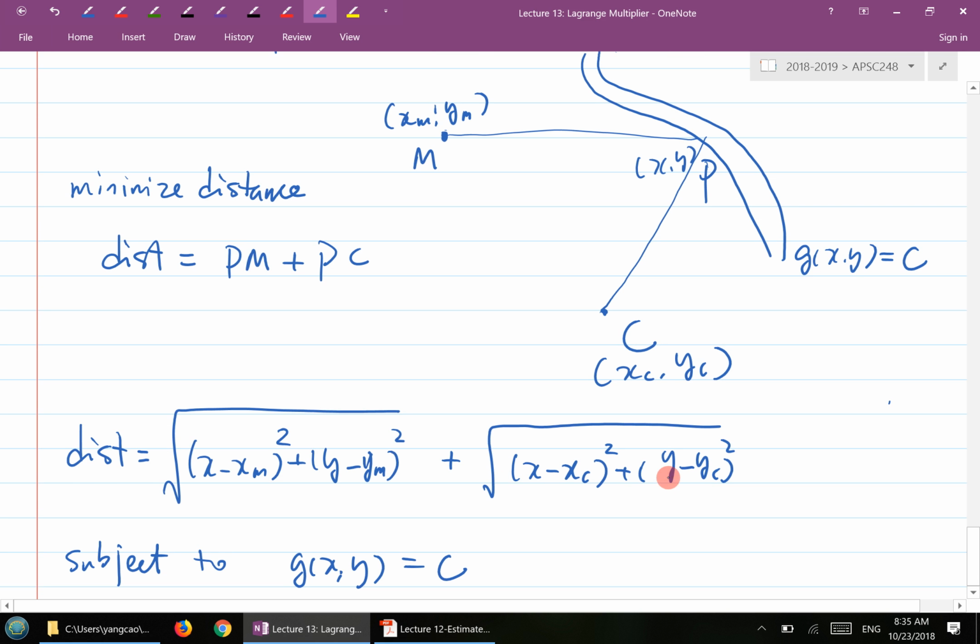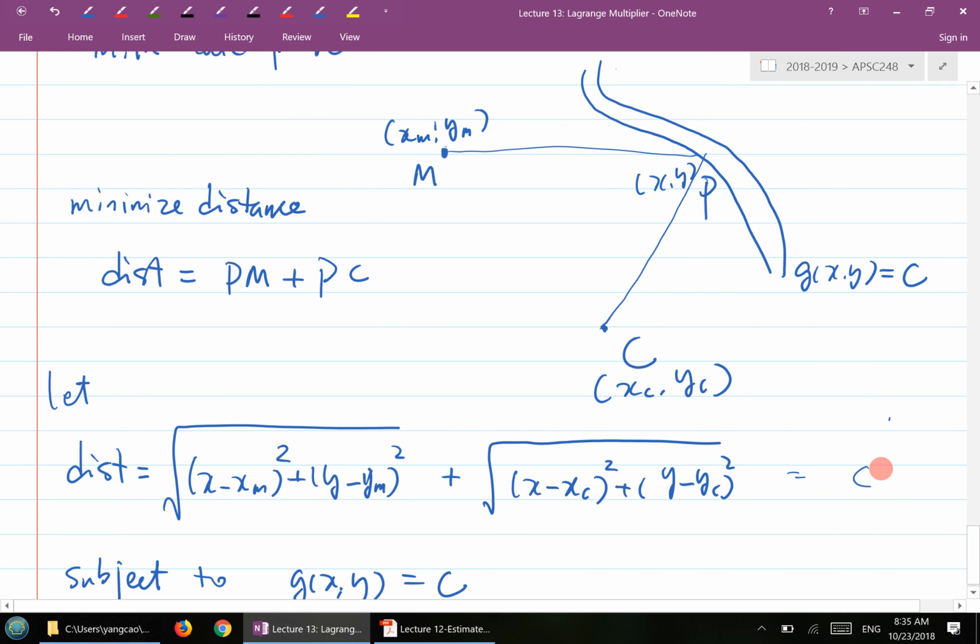Now if you let this whole equation equal to a constant, then you will see that mathematically this represents an ellipse. So when this whole thing equals a constant, it's an ellipse equation. The xm, ym, and xc, yc are the so-called two foci of the ellipse.